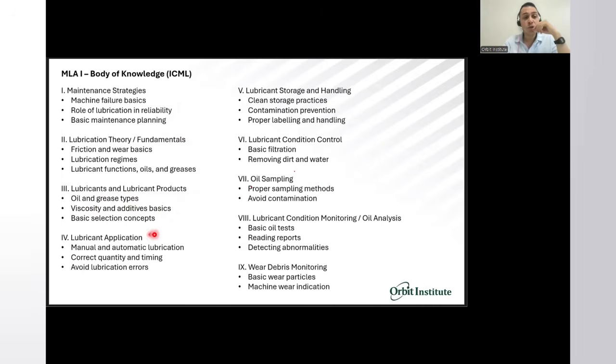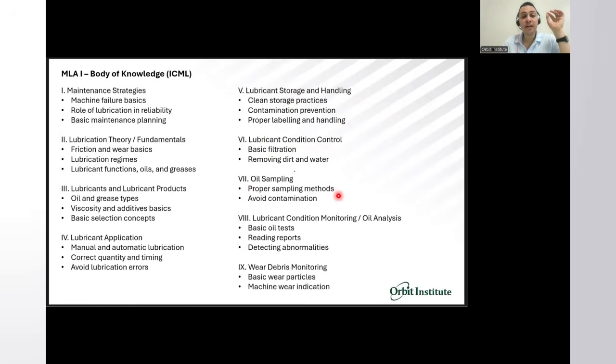It covers lubrication application to your machine, how to apply the lubricant following best practice, manual and automatic lubrication, the correct quantity and timing, how to avoid lubrication errors, and so on. It covers lubricant storage and handling, lubrication condition control, contamination, the types of contamination, the effect of contamination, and contamination control.